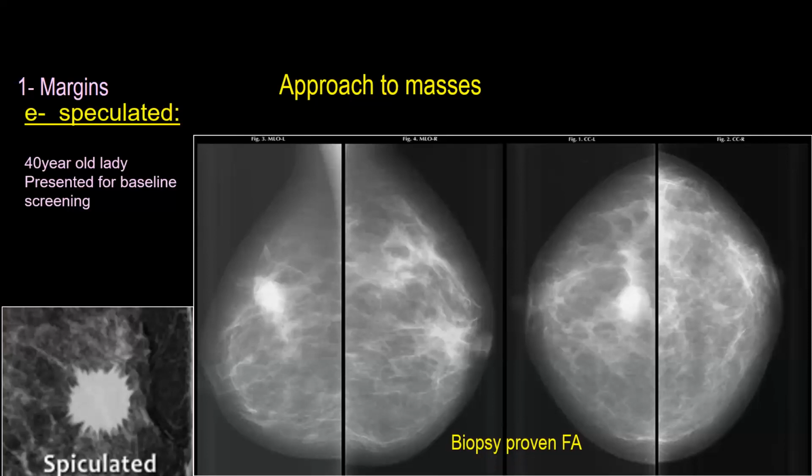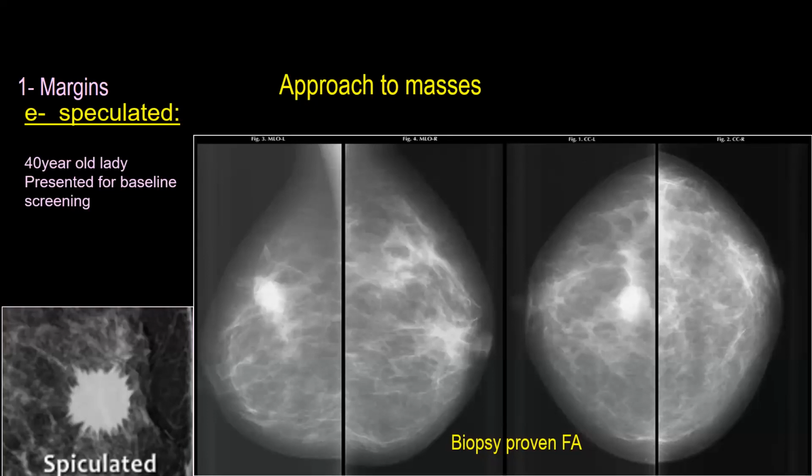That is the breast. Unpredictable. But we have no problem. Regardless of that, we are just going to recommend biopsy.